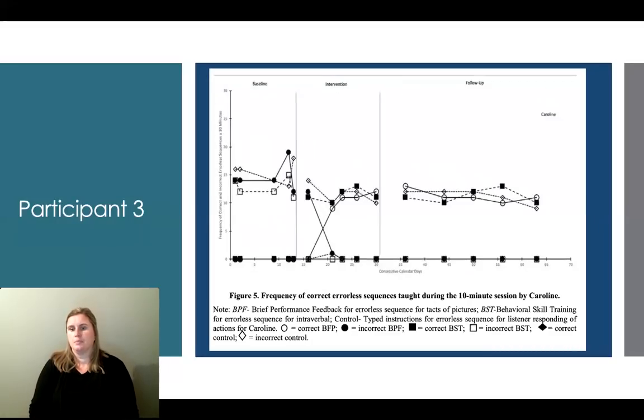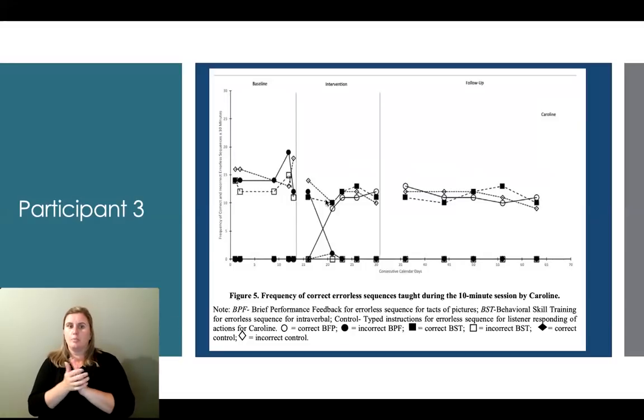For participant 3, what we're seeing here is a similar effect, whereby BST had a greater impact following first implementation of the training, but with BPF also showing high levels of implementation just after an additional training session, until they reach mastery criteria.